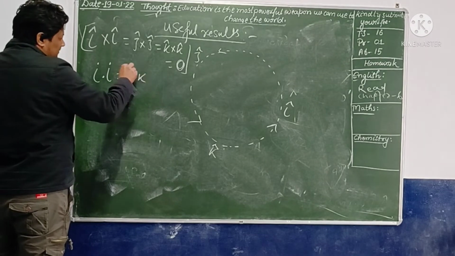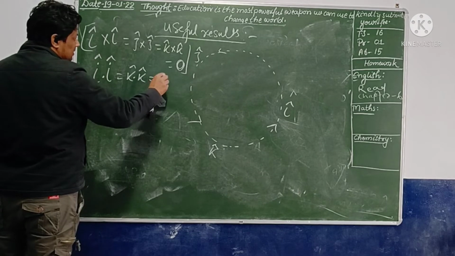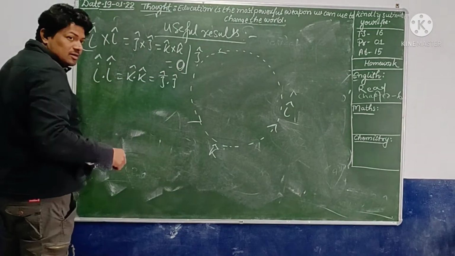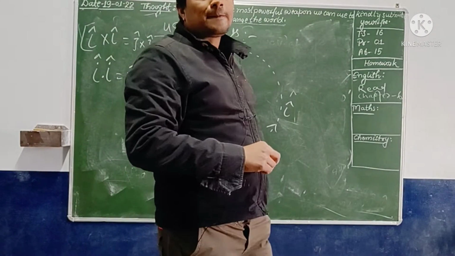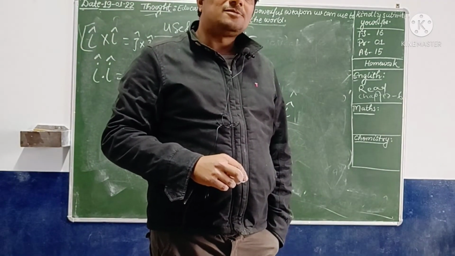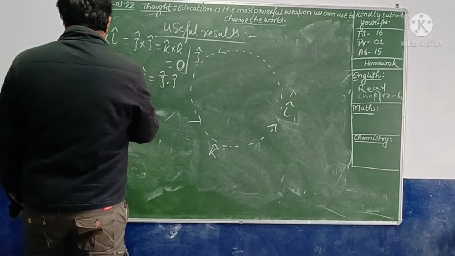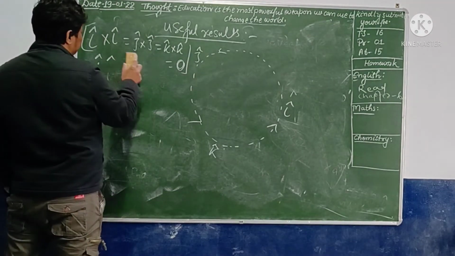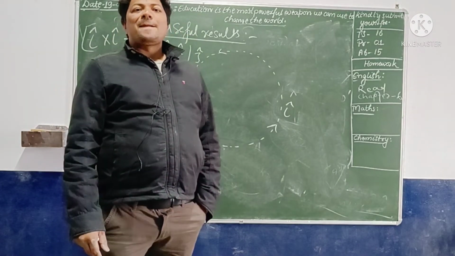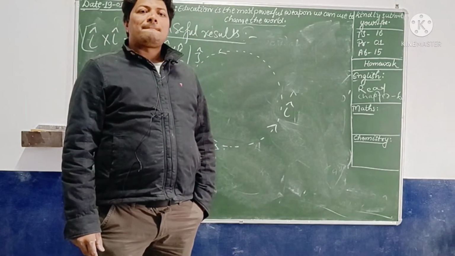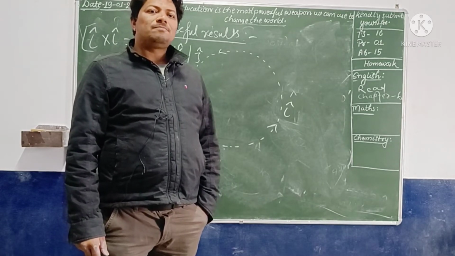K cap dot k cap, and you can take j cap dot j cap. A dot A is A square. A dot A means cos 0. I cap dot I cap is equal to 1.